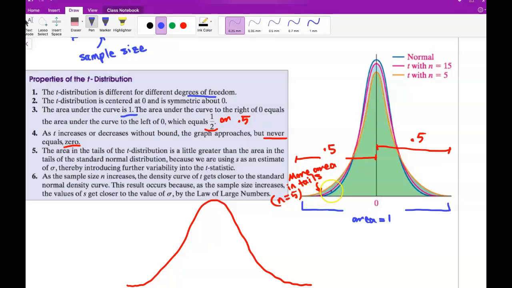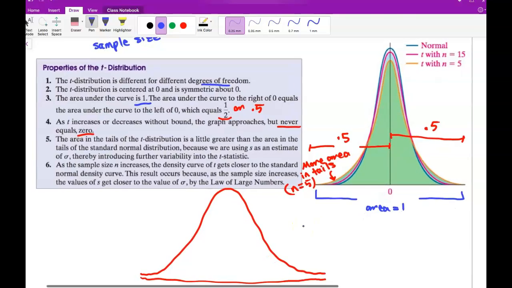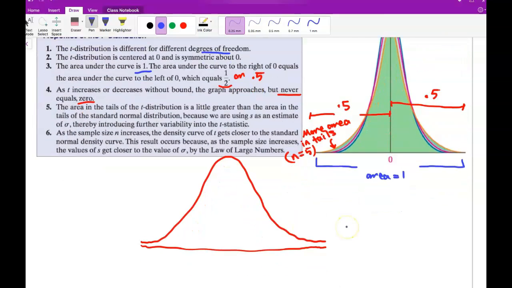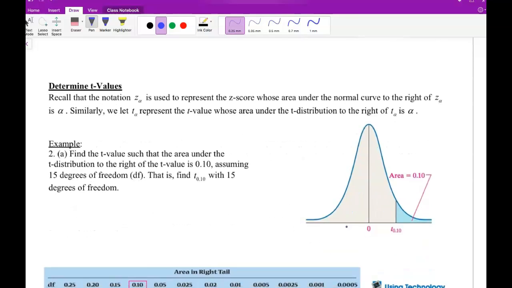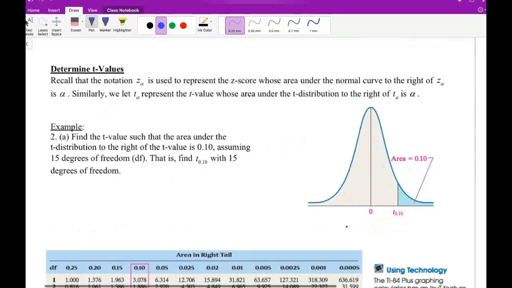So it's less. That part is decreasing. Okay, and the last one is the normal distribution. We had this part before. So the point is that when you increase the sample size, the distribution gets closer to the normal distribution. Okay, now next page. Now in this part we want to determine t values.